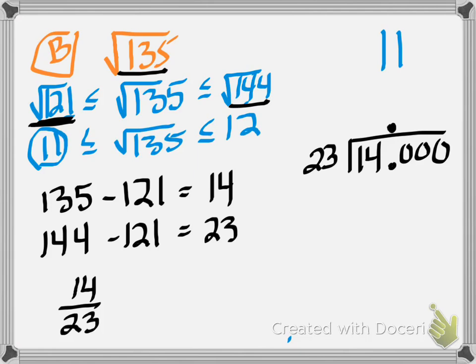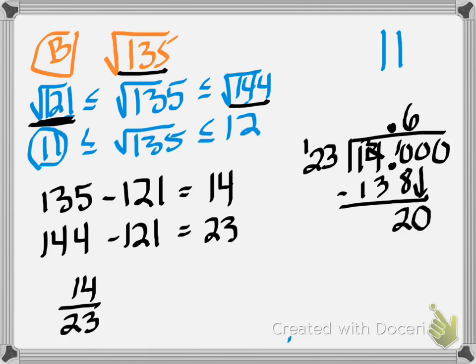Decimal point here. 23 goes into 140 maybe 6 times. 6 times 23 is 138. Leftover 2, bring down the 0. 23 does not go into 20, so that's a 0. 20, bring down the next 0, 200.